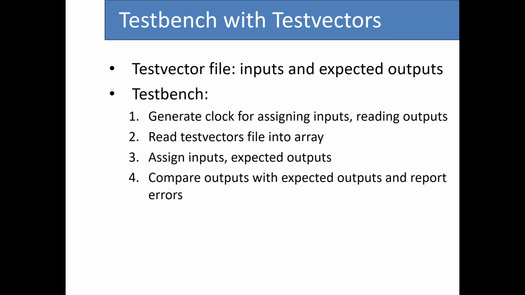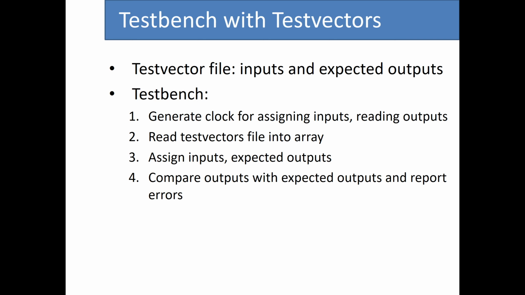So for the test bench, we first create a clock for assigning the inputs and reading the outputs. Then we read the test vectors file into an array, and we assign the inputs and we record the expected outputs.